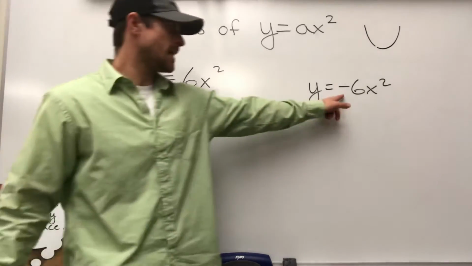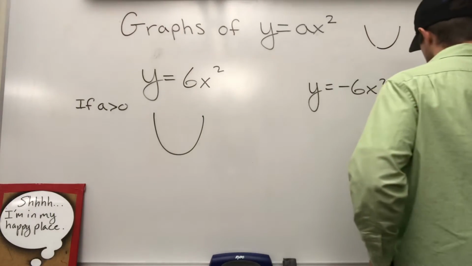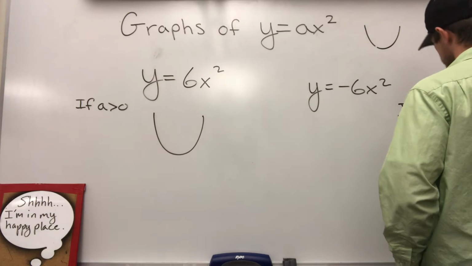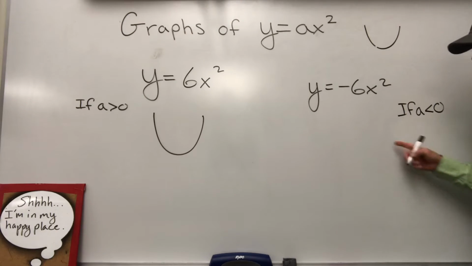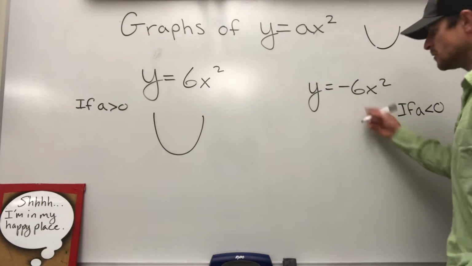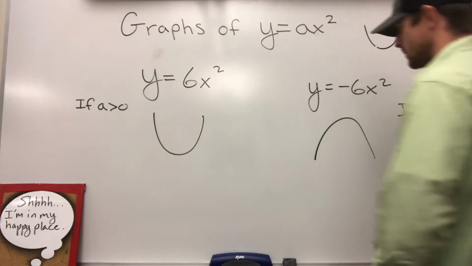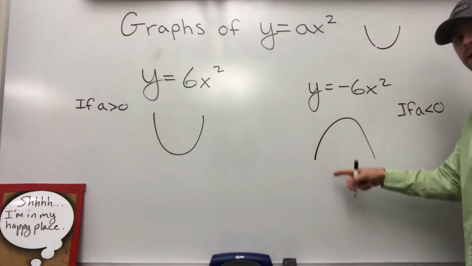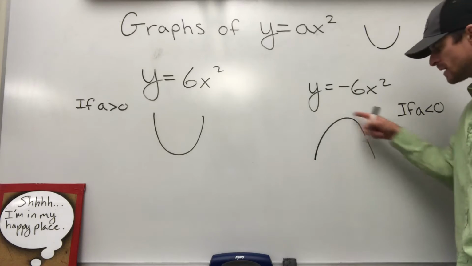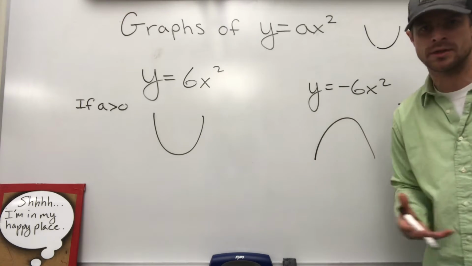Now if A is negative, if A is less than 0, so A is all the negative numbers, we're going to have a rainbow shape. That U is going to flip upside down, and our parabola is going to look like a rainbow or an umbrella, however you want to think of it.